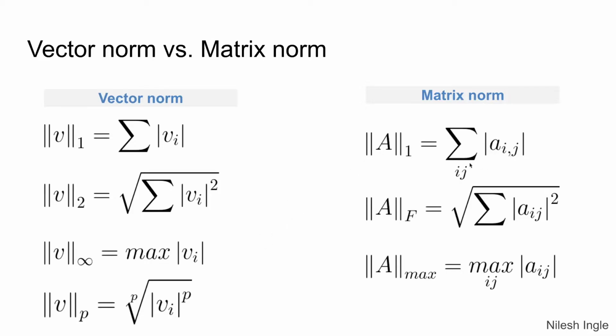And for matrix norms, the L2 norm, as we saw, we take the squares and square roots. That's similar here as well, and this is called the Frobenius norm. Here we are taking the squares of absolute values and then taking the square root. The one norm is similar, as you can see, we just take the sum of all the values, and then the infinity or max norm takes the maximum value from the matrix. It could be either by axis, depending on which axis you are looking at.